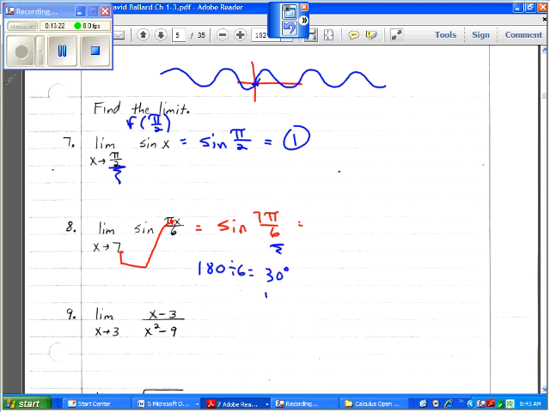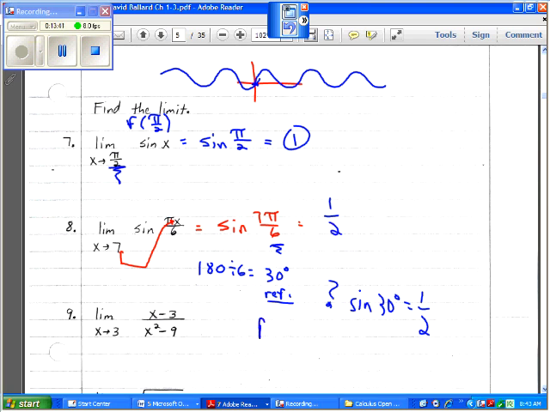So my reference angle is 30 degrees. Remember that? So my reference is 30, so I'm thinking in my mind, okay, what is sine 30? It's 1/2. So my brain throws out a half.